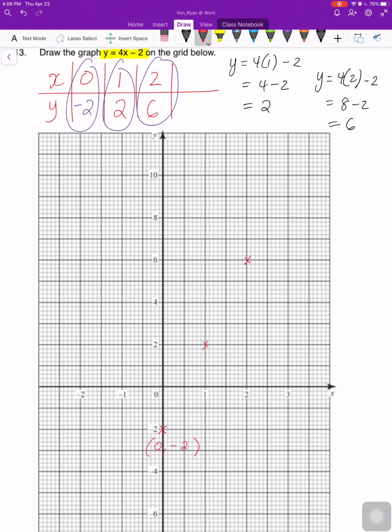Again, you can use more than 3 points if you want, but this solves our problem. We actually have more than enough. We just need 2 points, but we want to make sure, so we use 3 points. And so we connect. I hope I can connect them properly. I missed a little bit, but that's okay. So this is the graph of the equation y equals 4x minus 2.